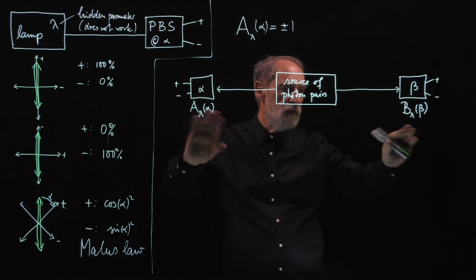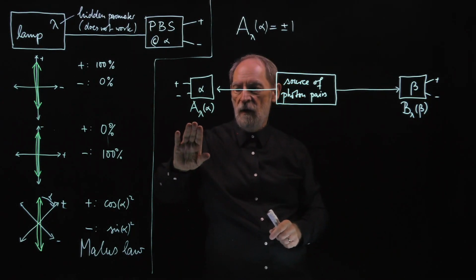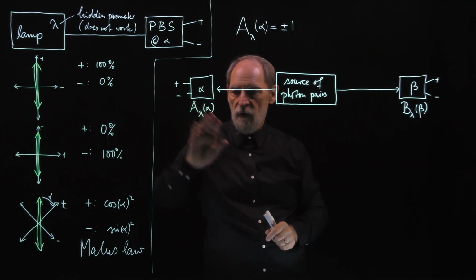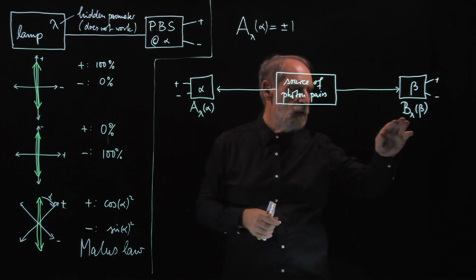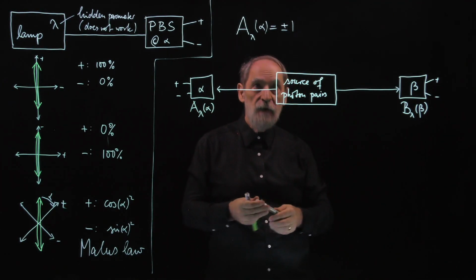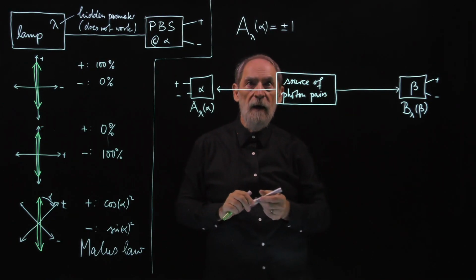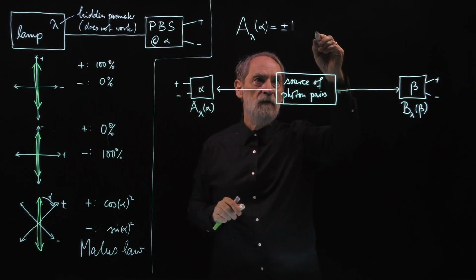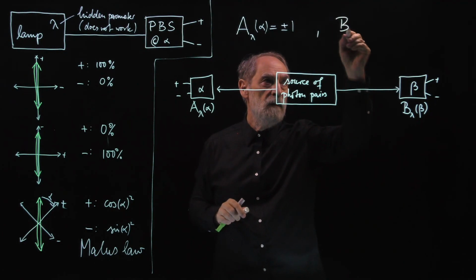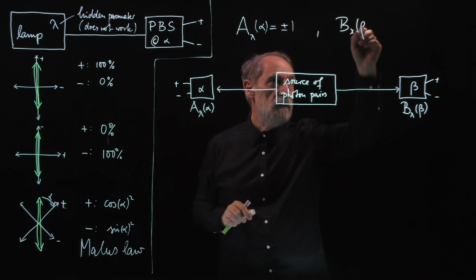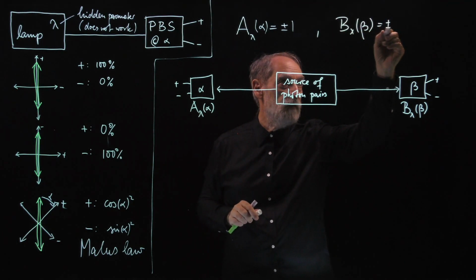These functions don't have to be the same, so this is why I'm using a of lambda and alpha on the left and b of lambda and beta on the right. But of course, just like the a of lambda and alpha takes on values plus and minus 1, the b of lambda and beta takes on values plus and minus 1.